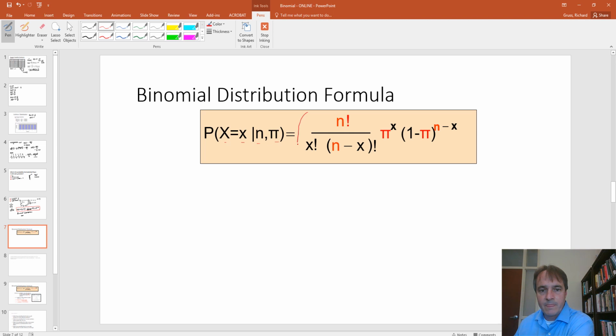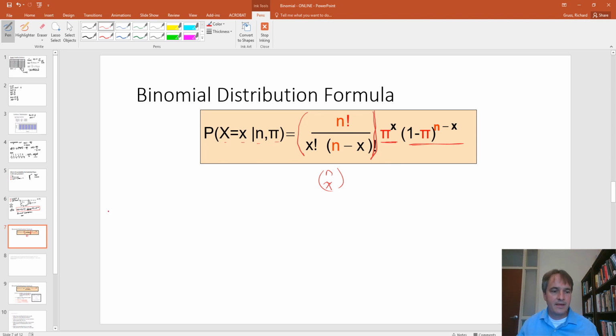This expression here, sorry, that should include that exclamation point there. This was just n choose x, lowercase x, and then this is counting up the successes, and this is counting up the failures. Okay, so this is how you use this.